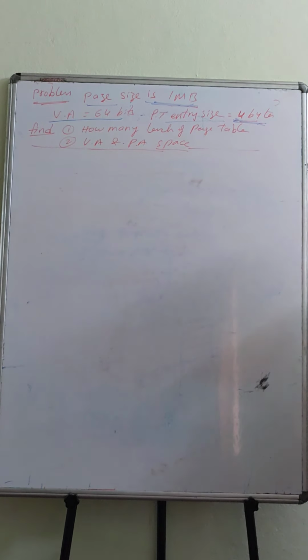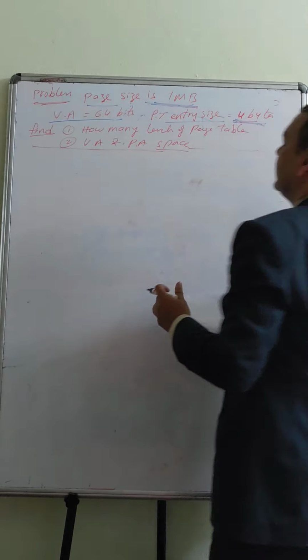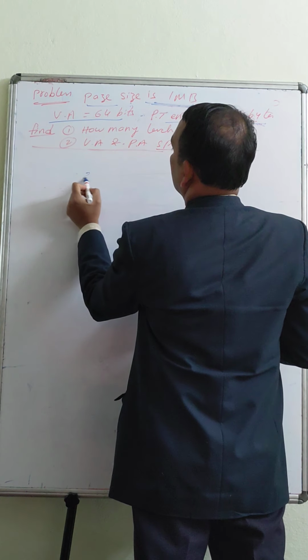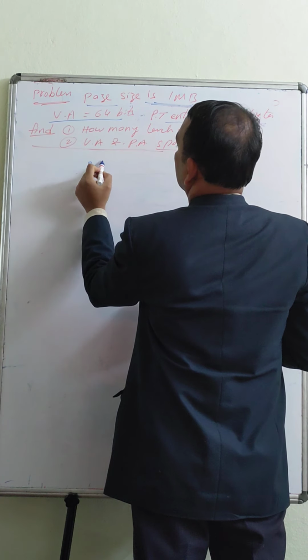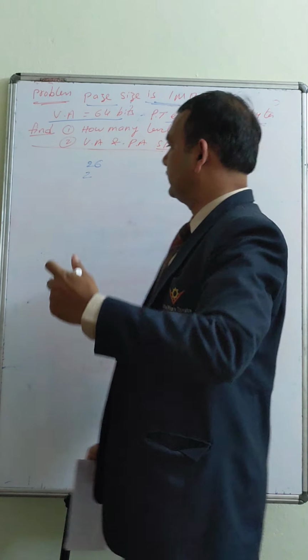Now we'll find out the outer page table size. The inner page table has 2 power 26 entries, and these 2 power 26 entries are stored in outer page table 1.